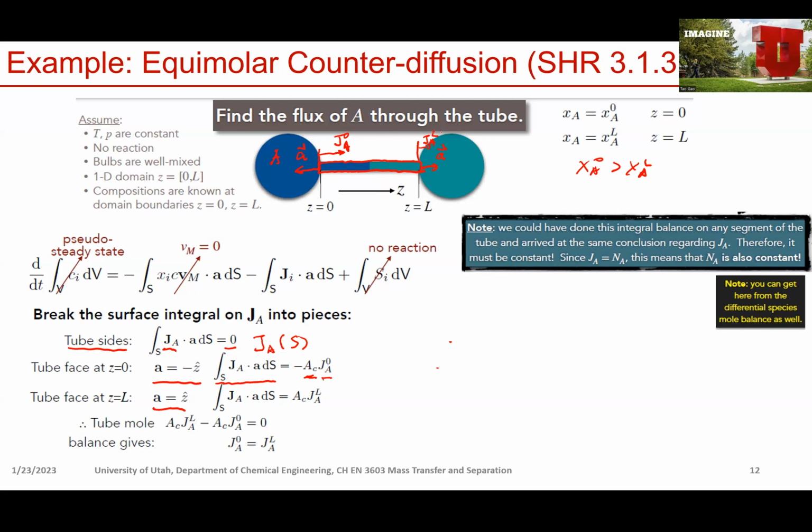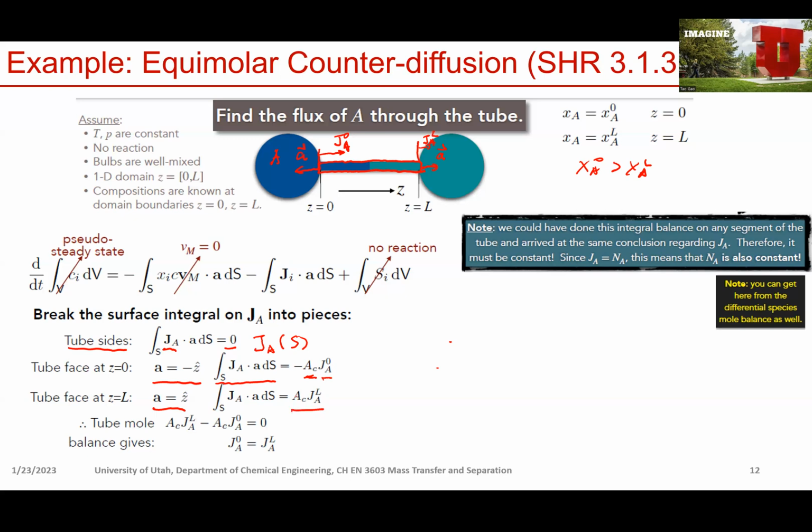And this negative sign comes from the fact that the direction of JA is different from the unit normal vector here. They are opposite directions, so by the rule of dot product, you have to assign a negative sign. Okay. Questions?